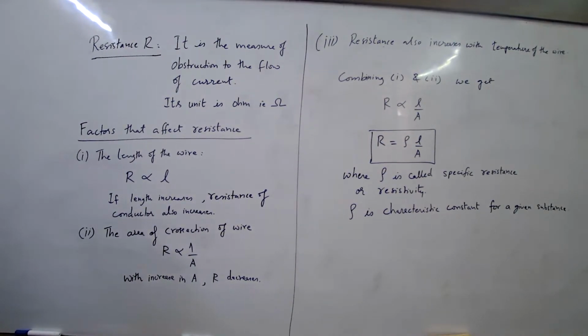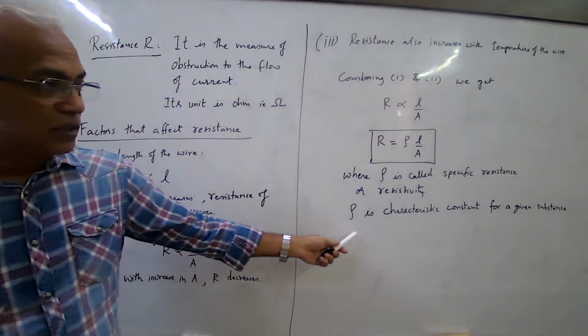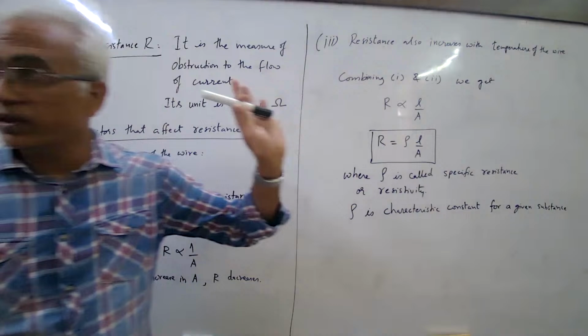So resistance is not a characteristic constant for a given substance. But resistivity is. Let us say it is copper: whether its length is 1, 2 times, 3 times, its resistivity is not going to change. That is fixed for a given material. Is that clear? That is why we say resistivity is a characteristic constant for a given substance.